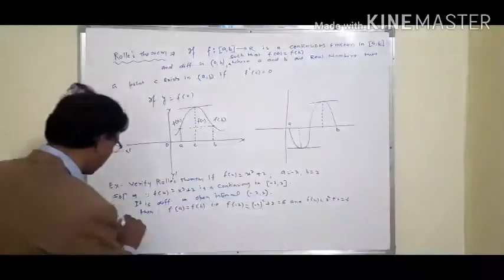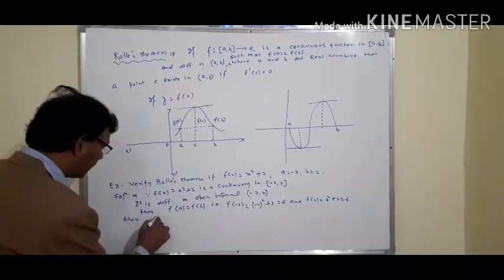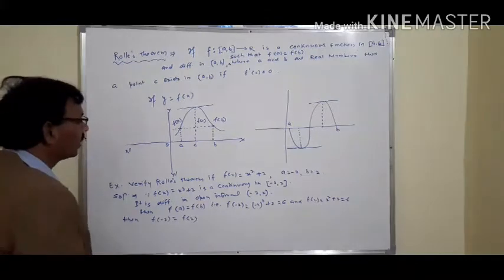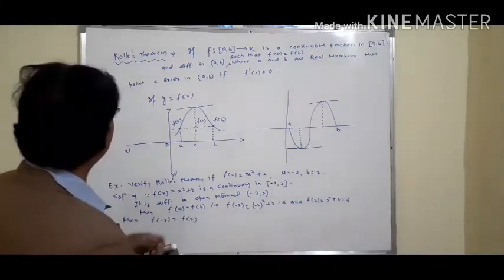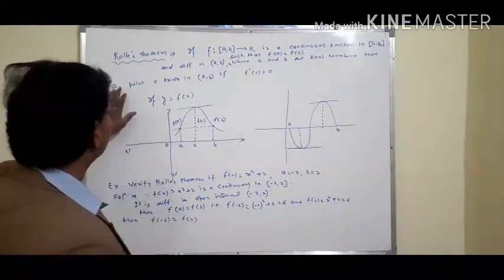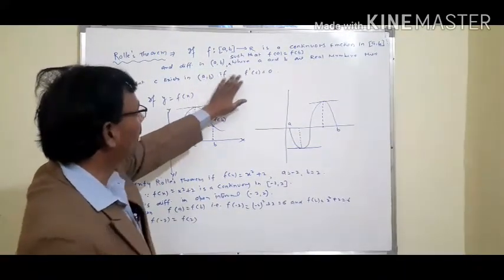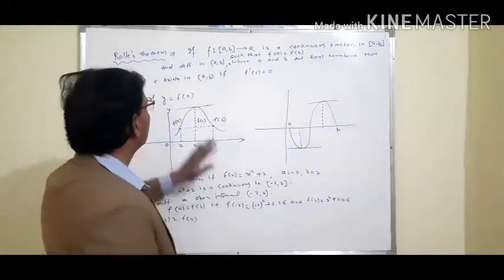Then f of -2 equal to f of 2. Thus our concept is, then a point C exists in ab such that f dash of C equal to 0.